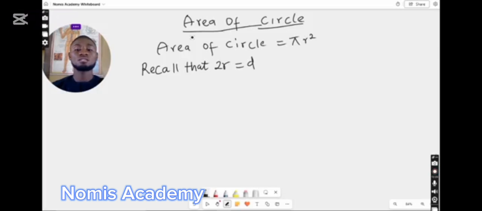So in a case where radius is not given, the diameter would be given. And when diameter is given, what we do to get the radius is to divide diameter by 2. So the radius becomes diameter divided by 2.